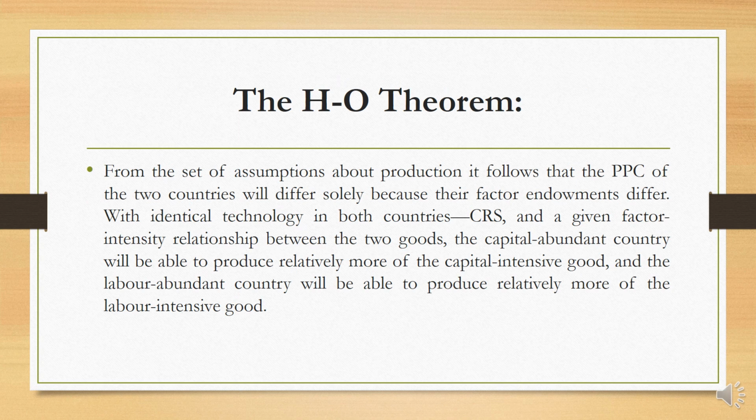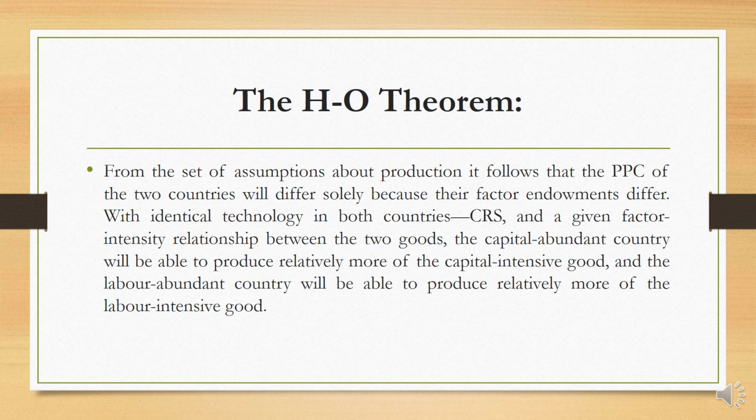Now come to the HO theorem definition. From the set of assumptions about the production, it follows that the PPC, production possibility frontier curve, of the two countries will differ solely because their factor endowments differ.